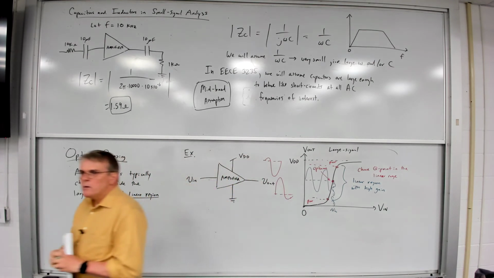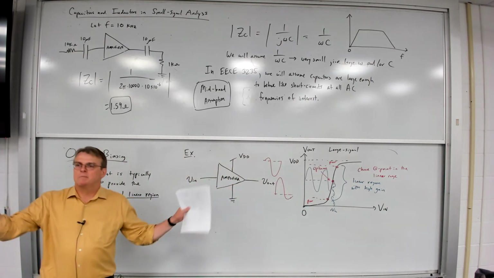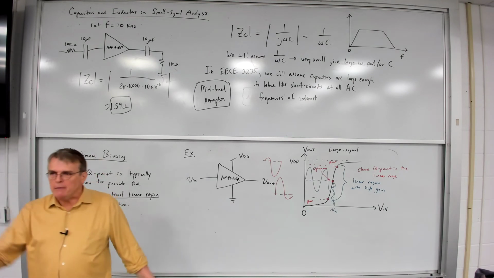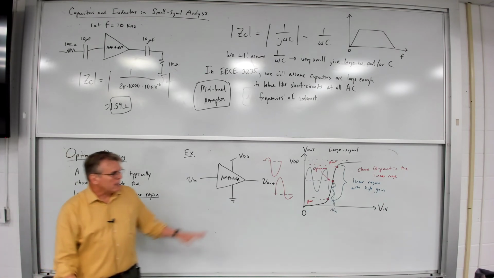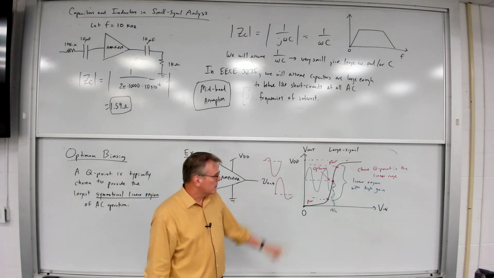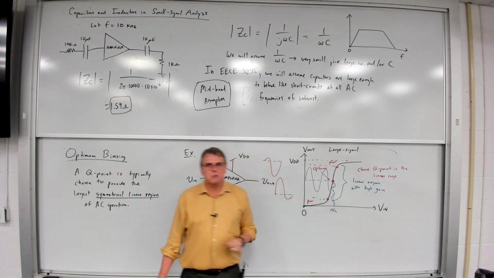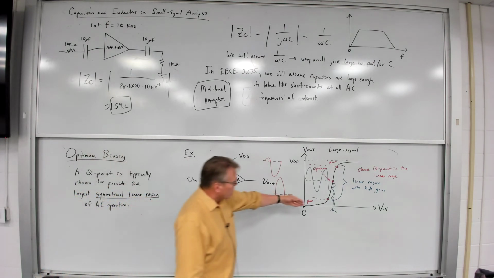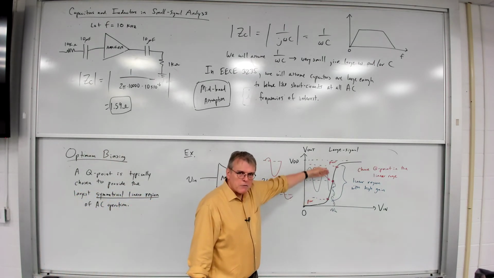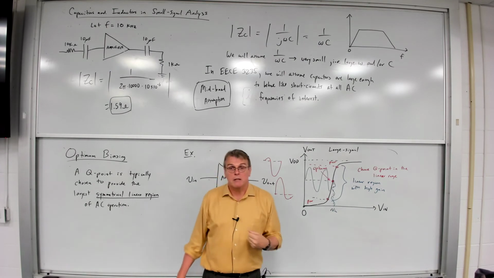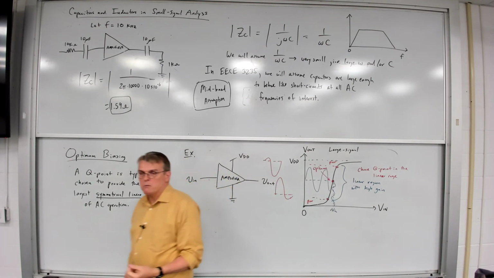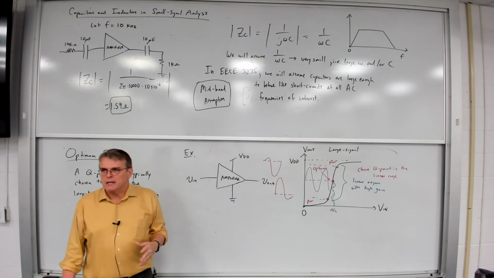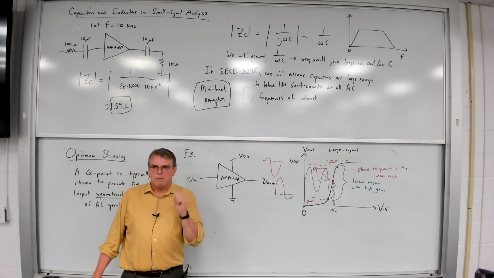So the choice of bias is not random. Quite often in a problem, I'll just tell you what the bias is, or the problem will give you the bias point. But if you're actually designing a circuit, you have to give a lot of thought to what your optimum bias point is. And it isn't just a consideration of the range, the AC swing of the signal. Sometimes it's also a consideration of things like power consumption. What is your projected battery life? There are a lot of different things that can figure into what your bias point is going to be.